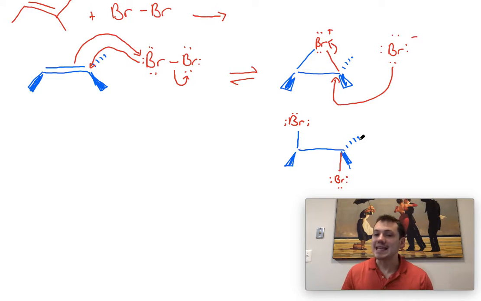Now, just as easily as it added with the left bromine up and the right bromine down, it also could have added with the left bromine down and the right bromine up. It's just that the initial step would have had to attack from the bottom. There's equal probability of coming in from the top or the bottom.